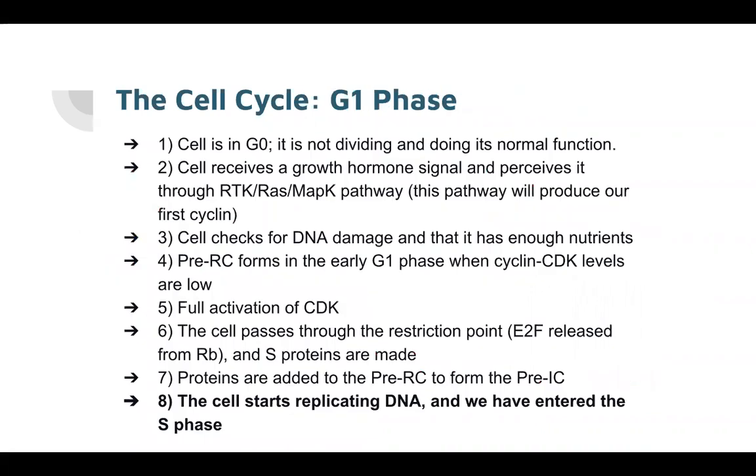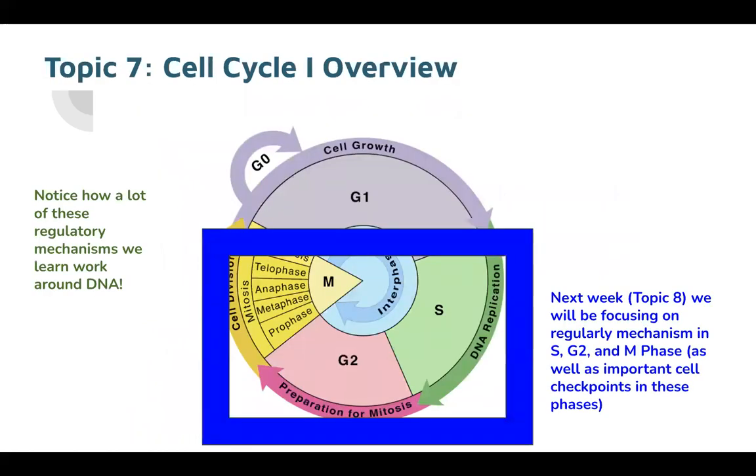And then the last part of G1 is that the cell starts replicating DNA, and that means that we enter S phase. And then that gets into next week's topics, which is going to cover the regulatory mechanisms of S, G2, and M phase.